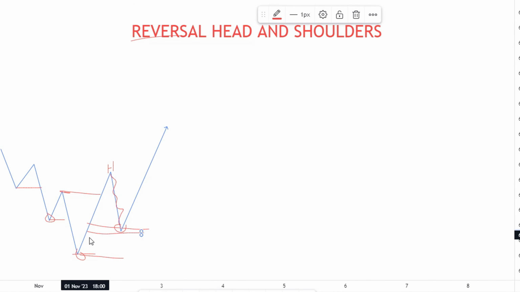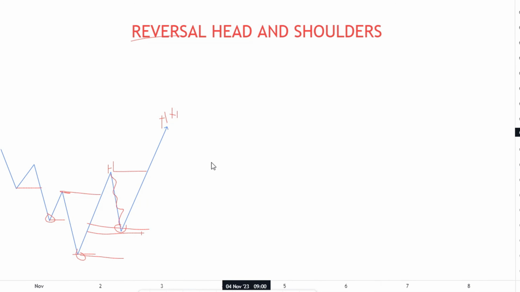After the first entries, we expect this market to break the previous high to create a new higher high around these areas here. After the creation of the new higher high, we expect the market to do some simple pullbacks till the area of the neckline.